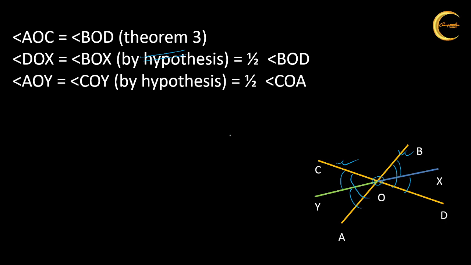So this should be half of BOD, and this should be half of COA. So you can understand, all four angles, this angle, this angle, this angle, this angle, are all equal. Okay. We proved this in our earlier problem. So this angle equals this angle, so XY should be a line, because BA is a line and these two angles are vertically opposite. Okay.